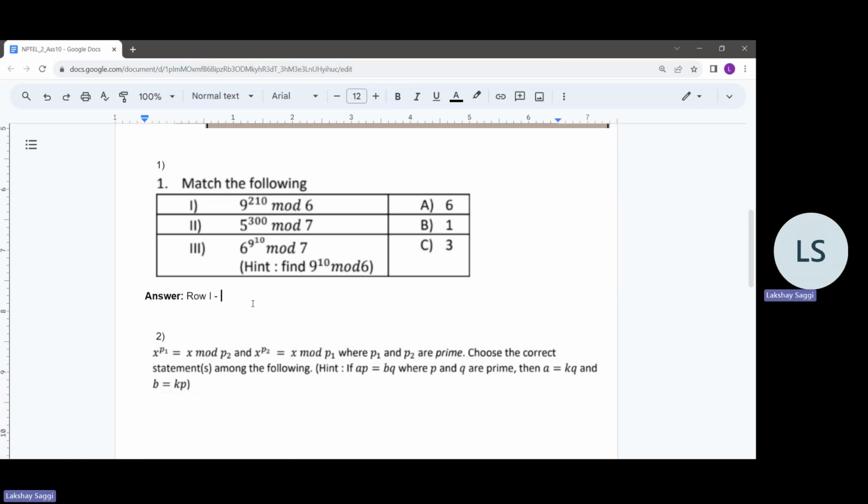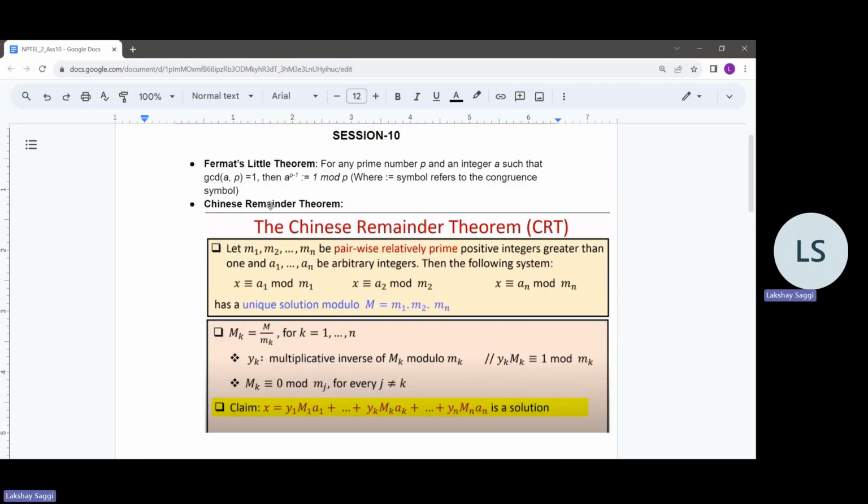So row 1 is nothing but 9 raised to the power 210 mod 6, right? And we need to find the value of this thing. Generally, as we had already discussed, we have these two tools to work with. And also we have the tool of finding the multiplicative inverse, which had been discussed in the lectures, with Bezout's coefficients and so on.